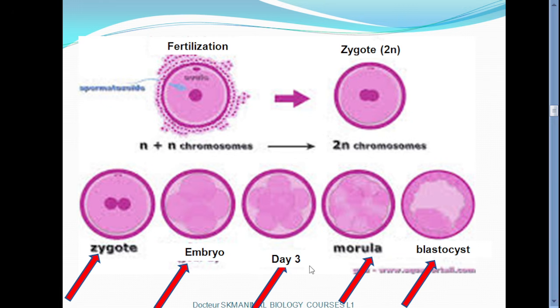At the 3rd day of its development, it transforms to a mass of cells called morula, and then this morula will transform to blastocyst, which is a multicellular structure composed of a series of cells which surrounds a void. This void is called blastocoel.